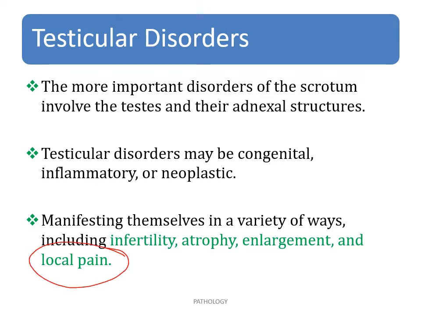When we have a neoplastic disorder, it will manifest as enlargement. Some congenital disorders of the testes, such as aplasia, will manifest as atrophy, and this may lead to infertility. That's why I'm insisting on how these pathologies of the testes present.